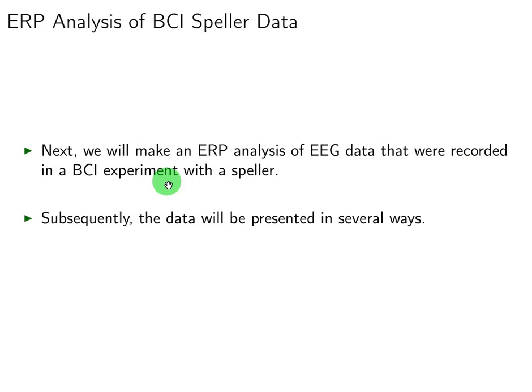So let's take a look at some analysis of ERPs from EEG that was actually recorded from a BCI experiment, a BCI spelling experiment. Let's visualize the data just to have some idea of how separable, how prominent, how visible they are.